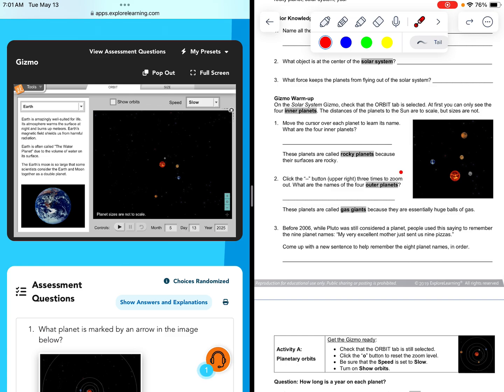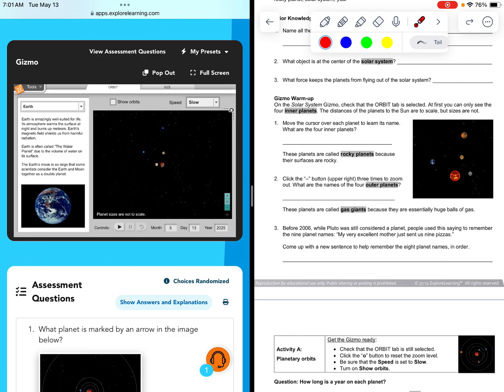For question 2, you're going to click the minus button 3 times to zoom out, and then you're going to list the names of the 4 outer planets. If I do that on my Gizmo, you can see that the picture in the middle panel is changing.